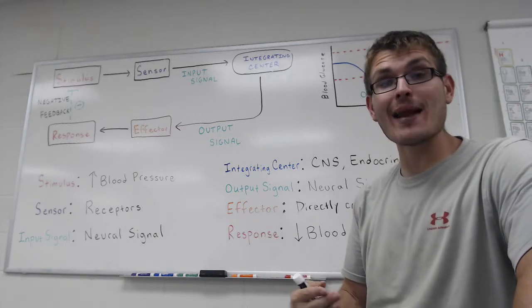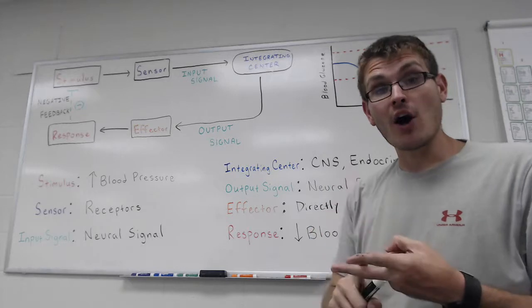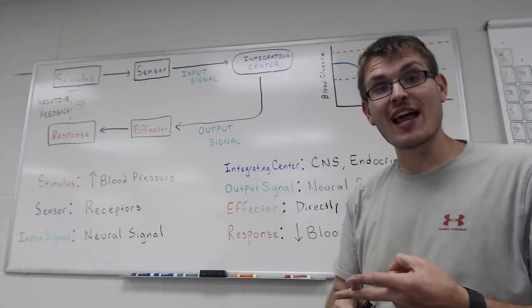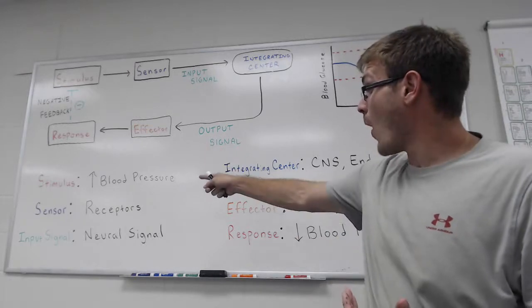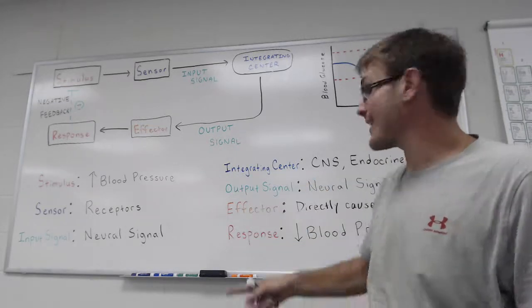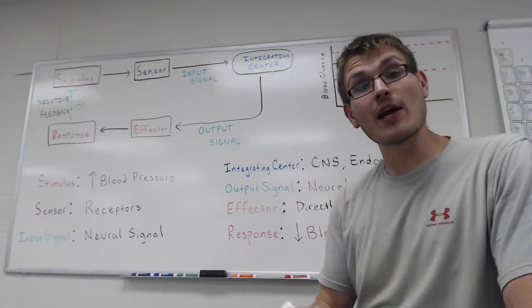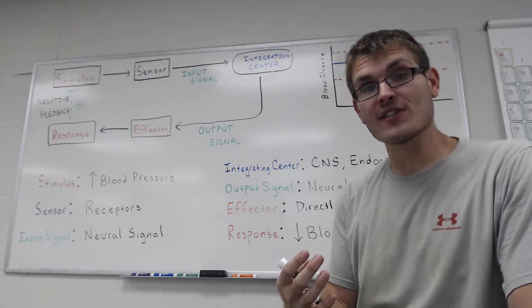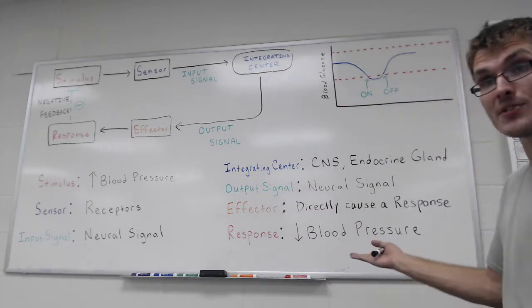Once we get more information on the nervous system, the cardiovascular system, and things like that, you'll be able to appreciate much more what the sensor is going to be, what the input and output signals will be, and especially what your integrating centers are. But since this is likely going to be your introduction into human physiology, for now it's okay to just think of these things as they are presented right here.